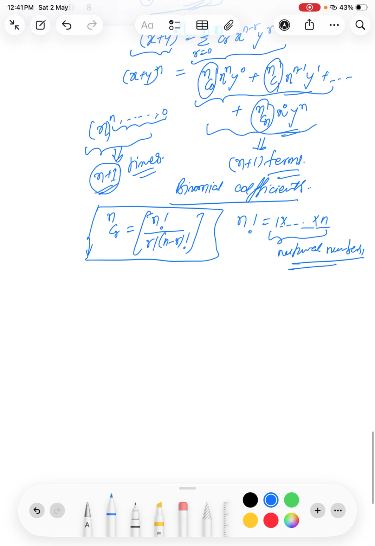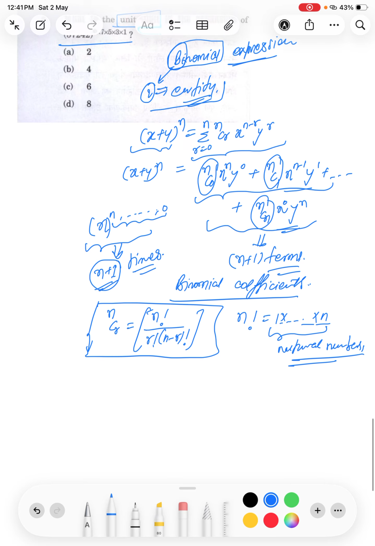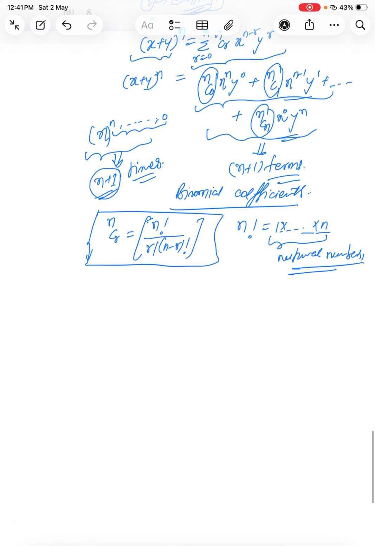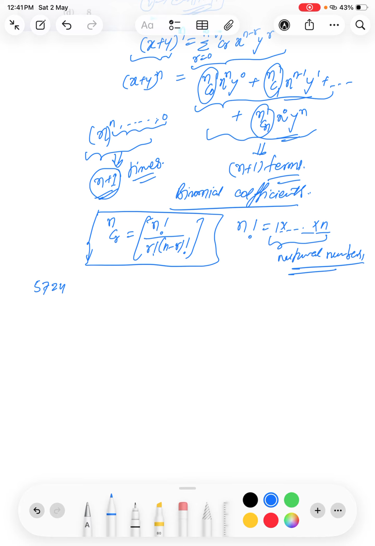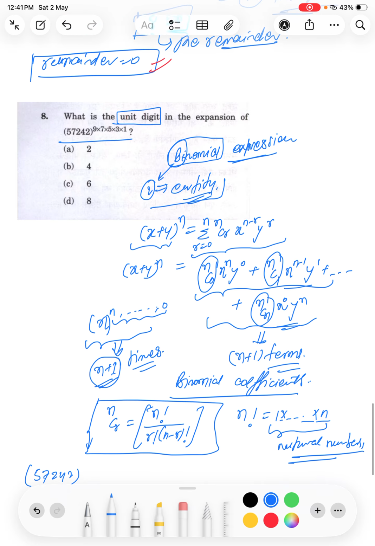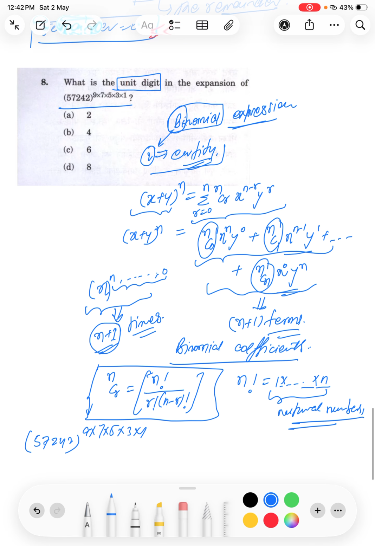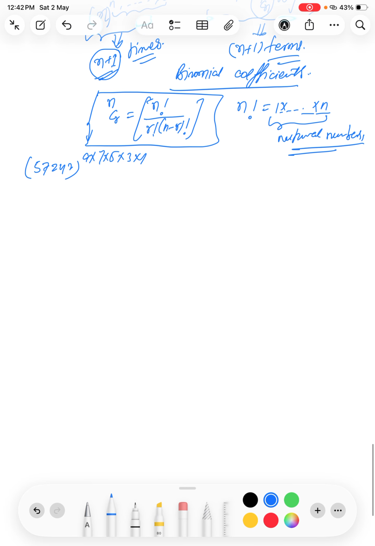We have been given this expression, let me copy it: 57242 to the power 9 into 7 into 5 into 3 into 1, right? Just observe this. We have been asked to find the unit digit.